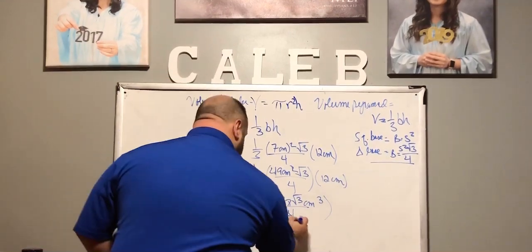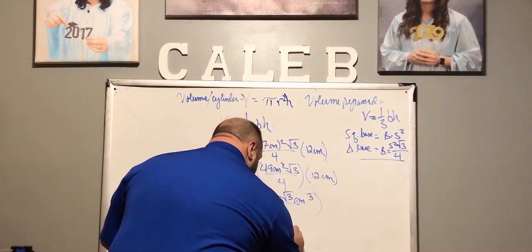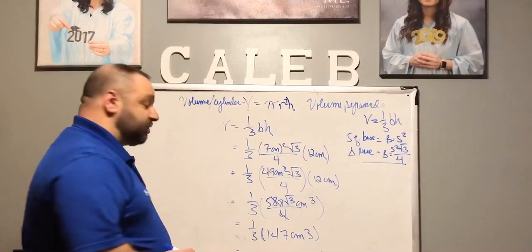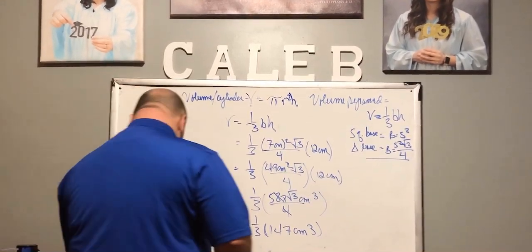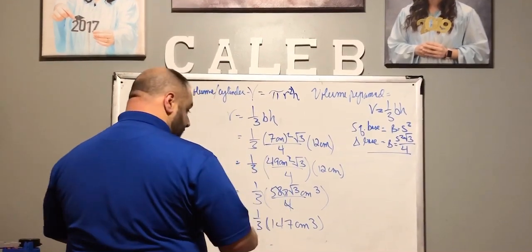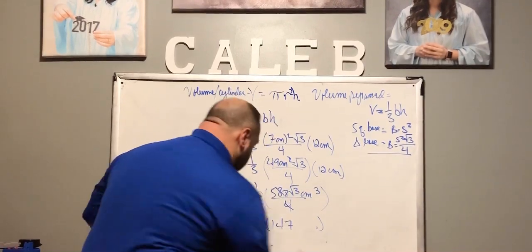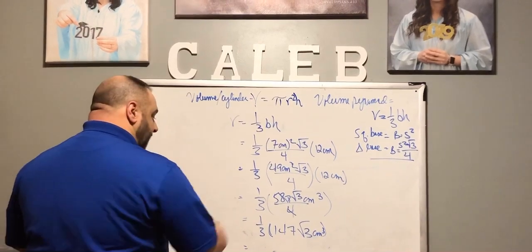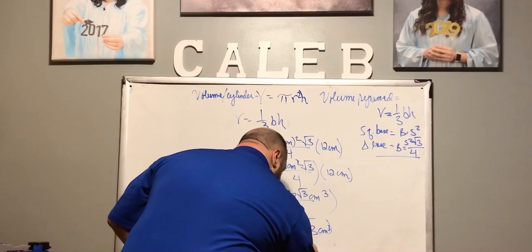So we're just going to reduce that, which would be 147 square root of 3 centimeters cubed. And then 1/3 times 147 is 49.